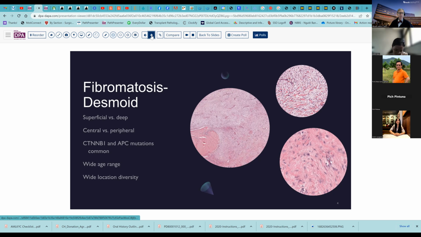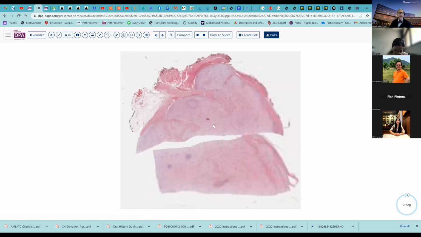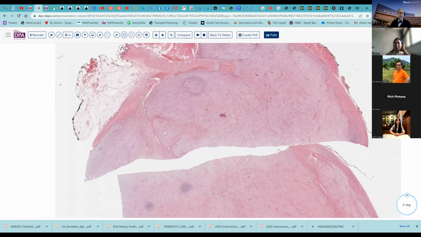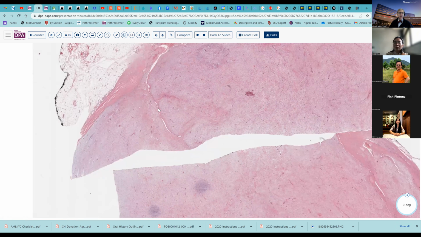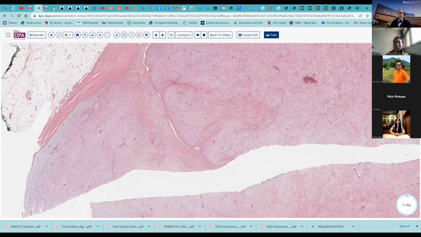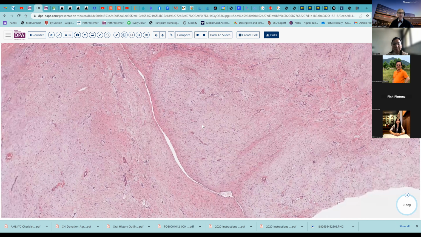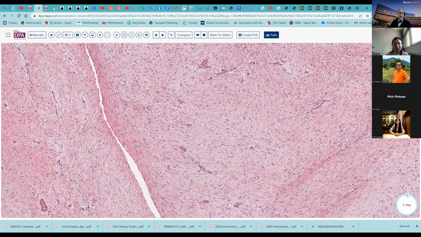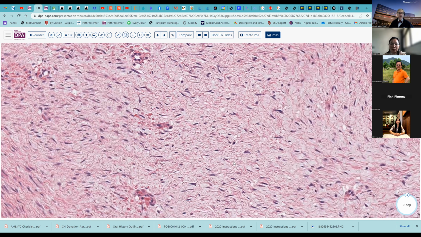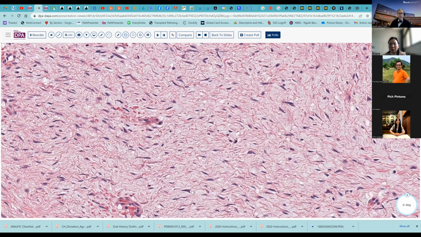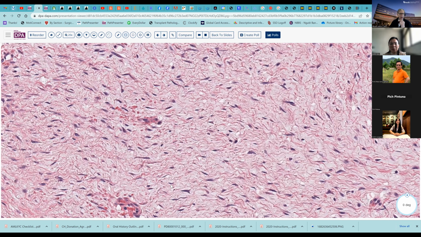So I've got several cases to illustrate the morphology. Here's a nice example. You'll see a lobular pattern at low magnification, and these really are quite bland looking lesions. The cells are not large. The nuclei generally have a pointy, slightly stellate or spindle cell proliferation pattern.